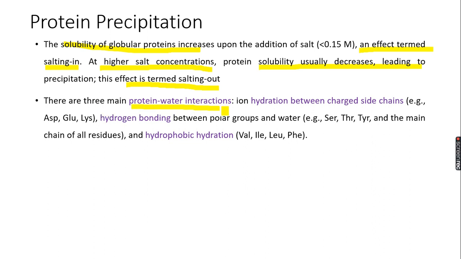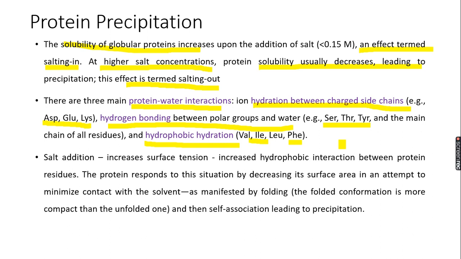One is protein-water interaction through hydration between the charged side chains like asparagine, glutamine, lysine, and hydrogen bonding between polar groups of the protein amino acids like serine, threonine, tyrosine. And hydrophobic interactions, like phenylalanine, alanine, valine, isoleucine. Those groups can take part in this process.